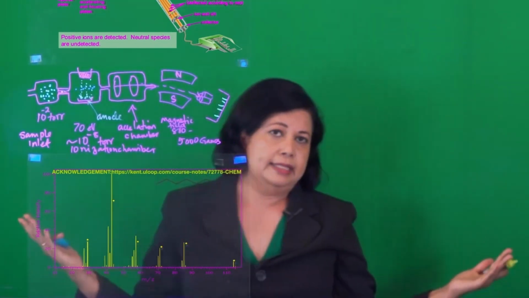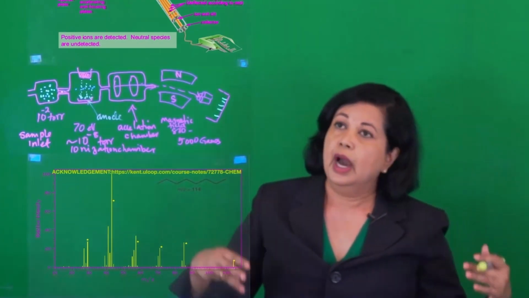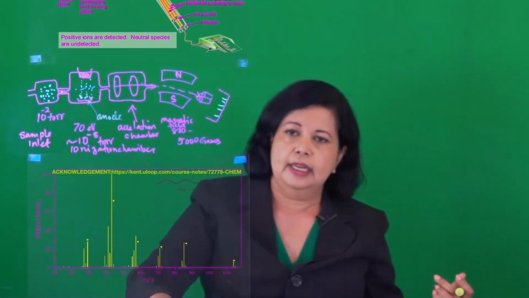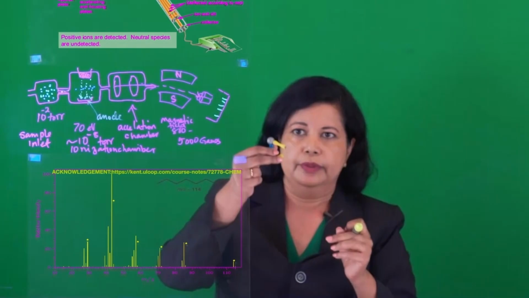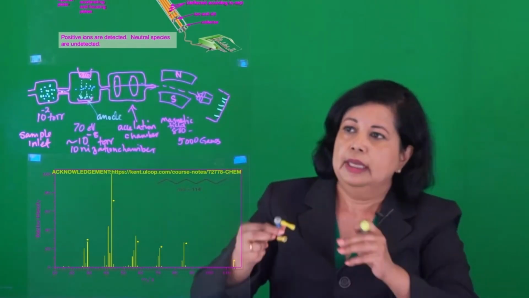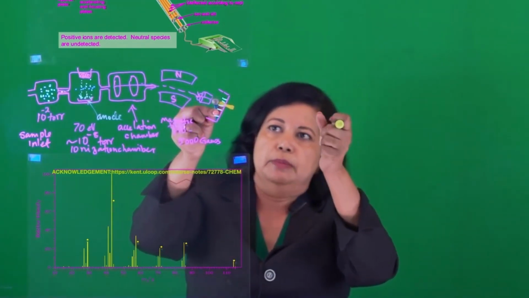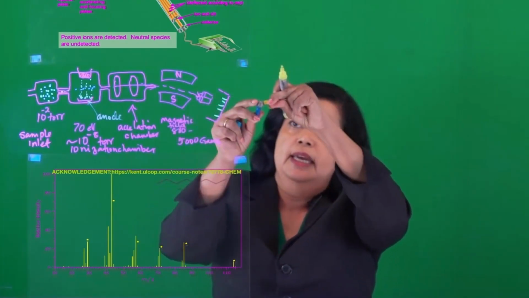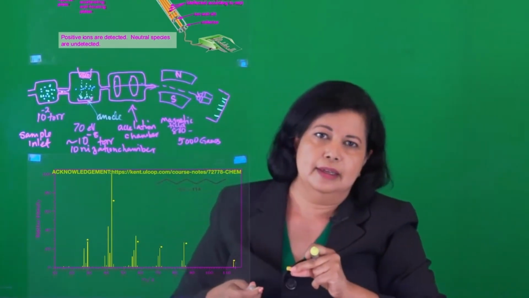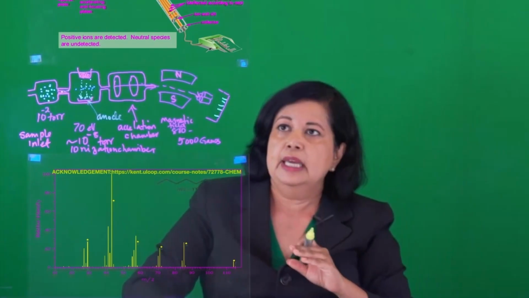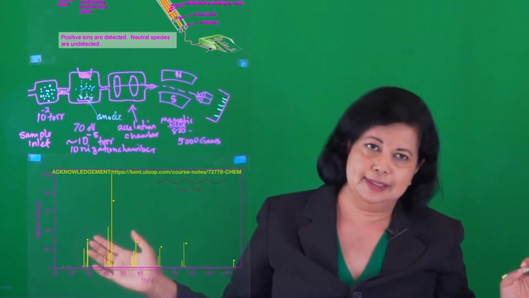Well, the lowest mass that you can have is a proton. The highest mass that you can have is the molecular weight of that entire molecule. In between, you'll have fragments, maybe this, and maybe this. So according to their mass, you will have different fragments.